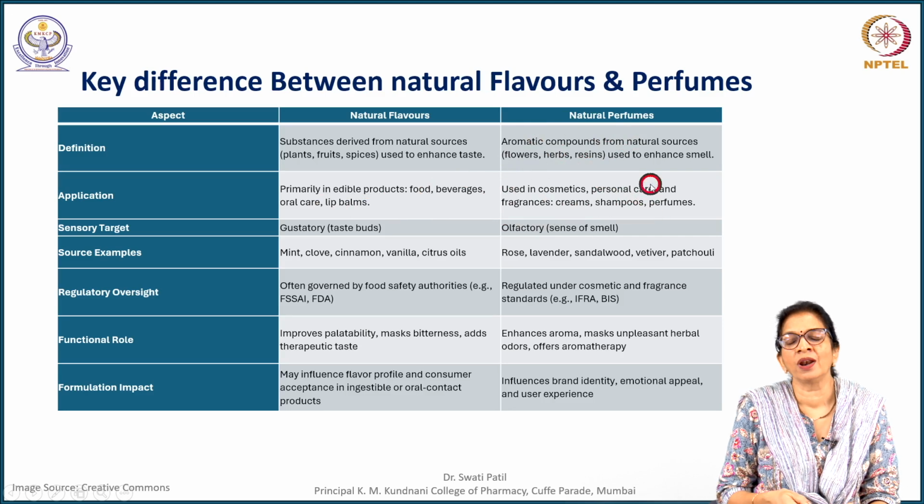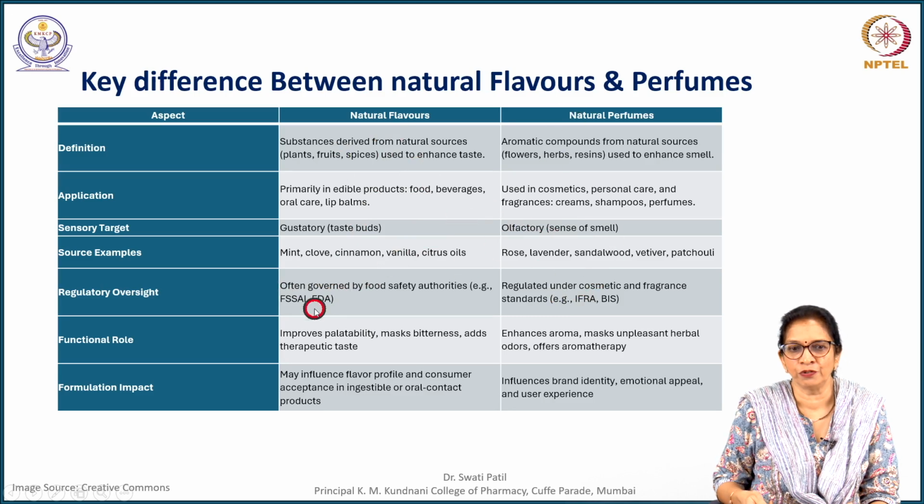So, these are more or less external products. This acts on taste bud, this is on the olfactory. Examples: mint, clove, cinnamon, vanilla, citrus, and here the examples are rose, lavender, sandalwood, vetiver and patchouli. And the regulatory bodies, the FSSAI and FDA regulate the flavors which are used for oral use, and here the BIS and IFRA regulate the natural perfumes.